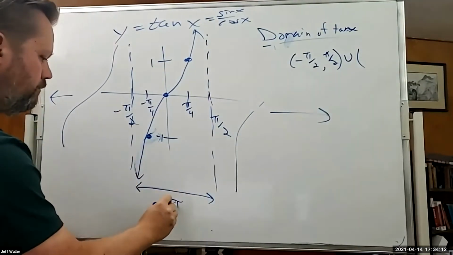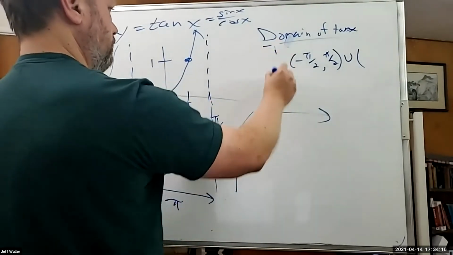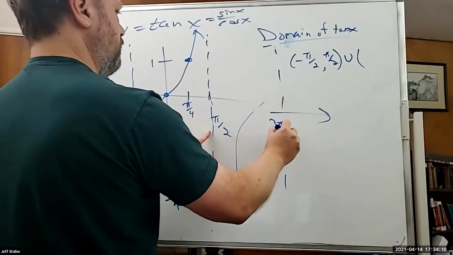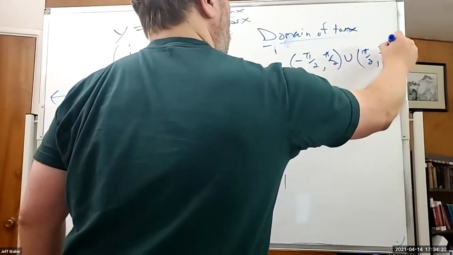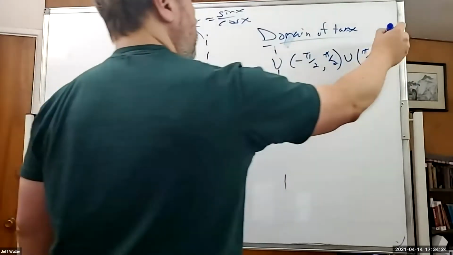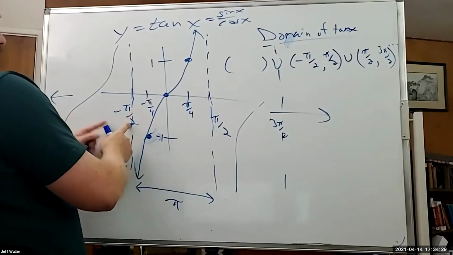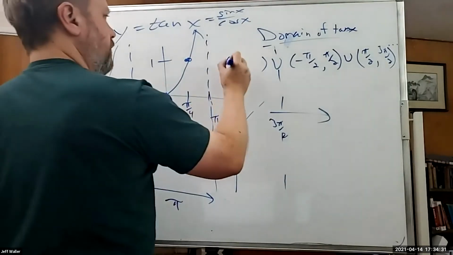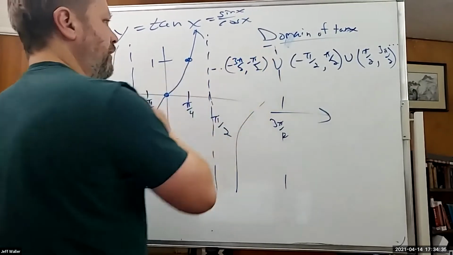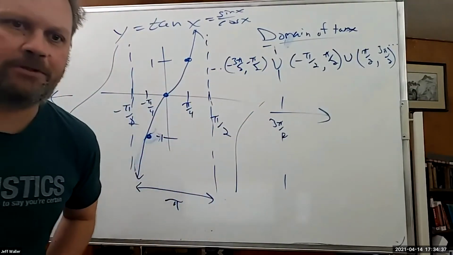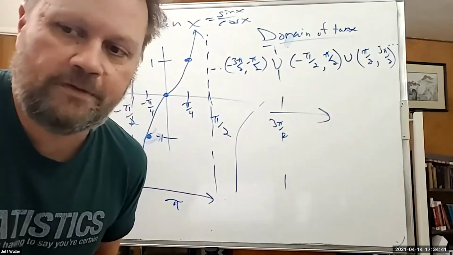So what's pi up from pi over 2? 3 pi over 2. So it'll be pi over 2 to 3 pi over 2. And the next one down would be from negative 3 pi over 2 to negative pi over 2. It's really not easy to capture the entire domain because it has an infinite number of asymptotes.